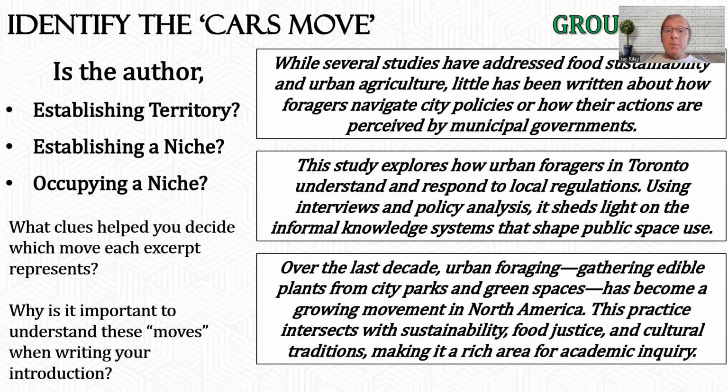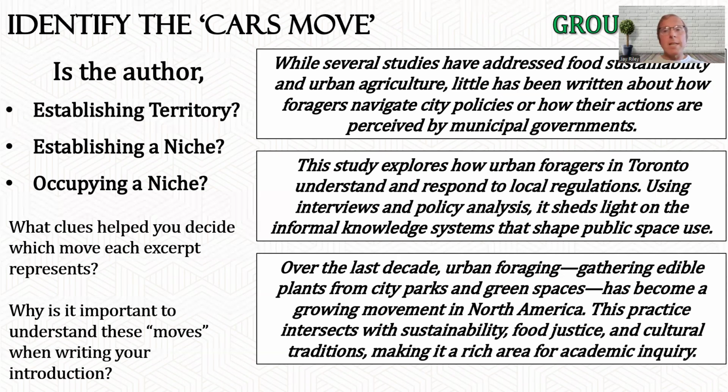In the second excerpt, it says, this study explores how urban foragers in Toronto understand and respond to local regulations. So this study explores. Right there, I know that your study is occupying a niche that you've already established. And then in the last excerpt, he says, over the last decade, urban foraging, gathering edible plants from city parks and green spaces, has become a growing movement in North America.